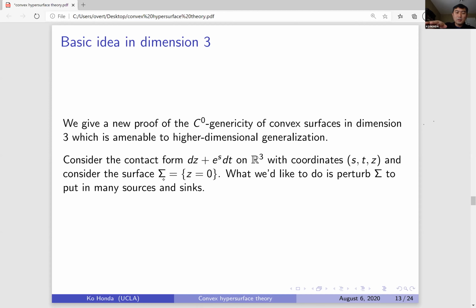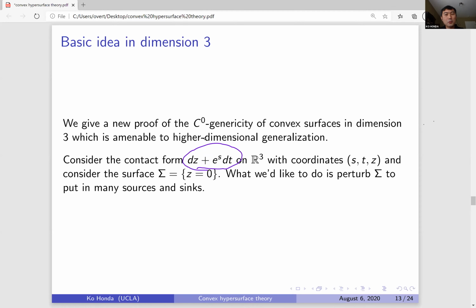The contact structure will always be tangent to the ds direction, and it will start rotating like this. And as you go towards the positive s direction, it gets steeper. This is a thing to keep in mind. That's this contact form.